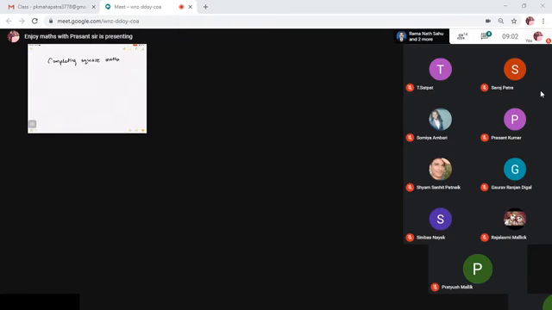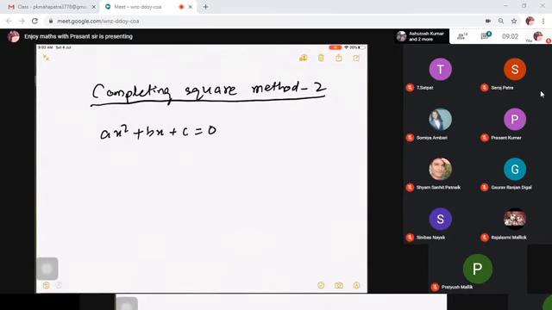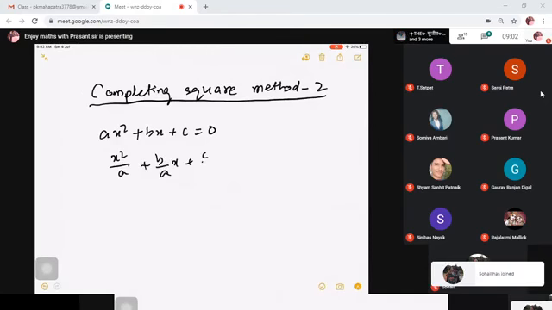Yesterday we learned about method 1, in which suppose we were given one equation like this. First, what we had done, we had divided the polynomial. In the first step, we divided the polynomial by a. Then we had proceeded further.